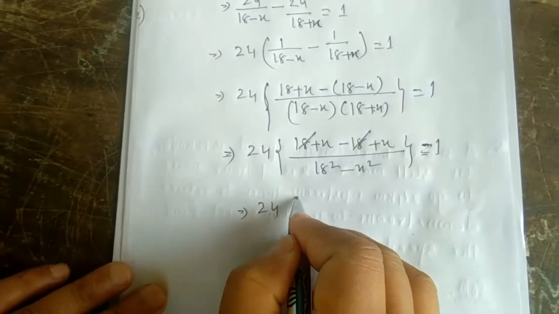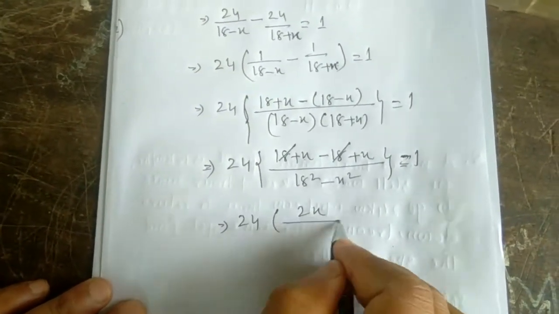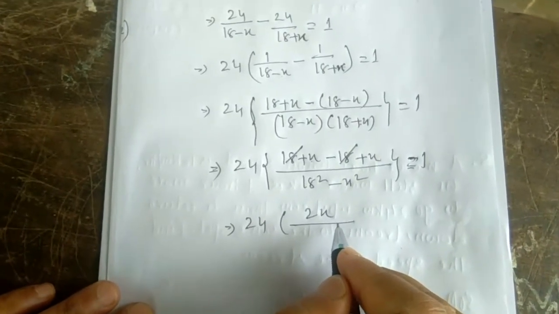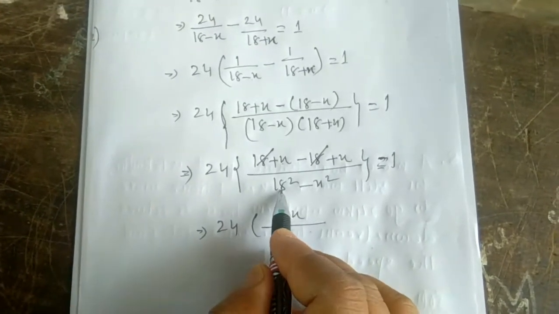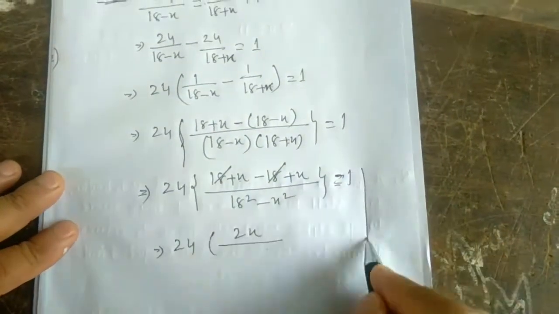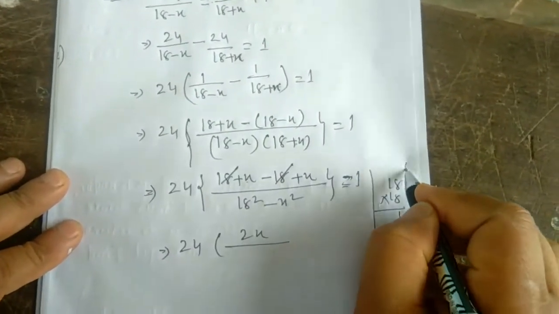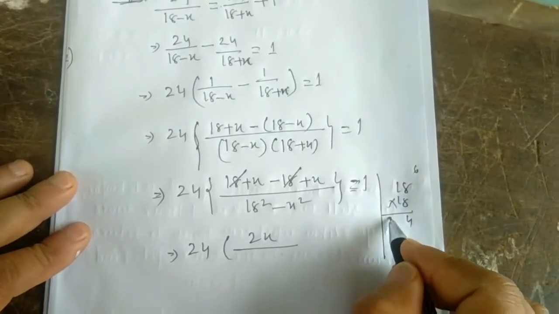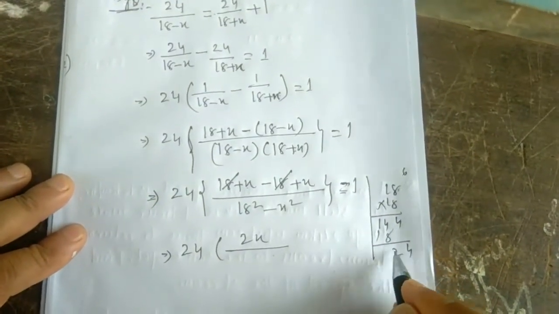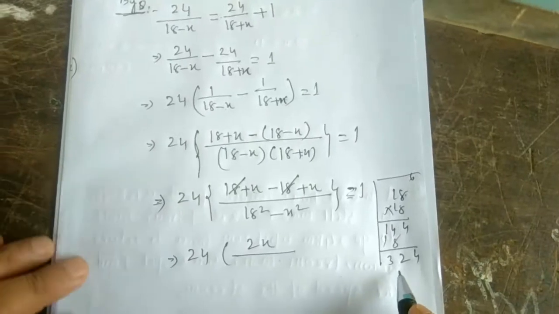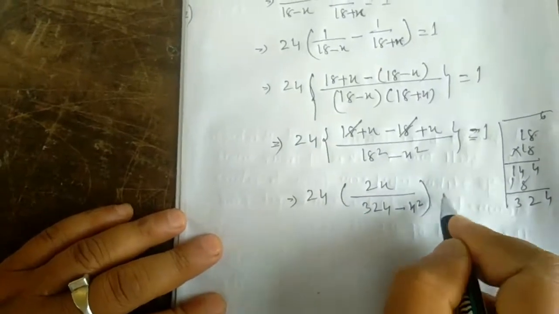So 24 into 2x by 18 square minus x square. Now 18 into 18, multiply it: 8 times 8 is 64, carrying over, we get 324. Understood? 324. So it is 24 into 2x by 324 minus x square equal to 1.